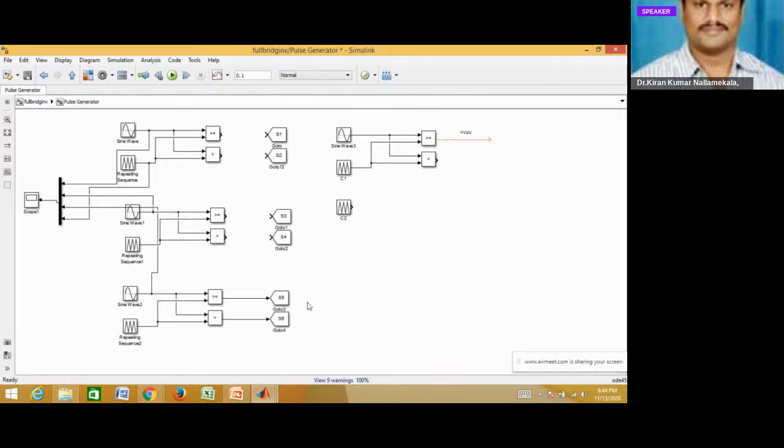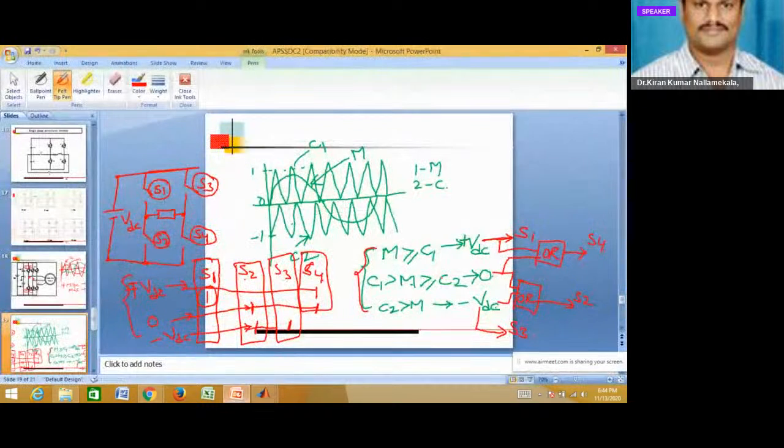Okay. Now, what is the second logic? How to generate the signal related to 0 voltage level?